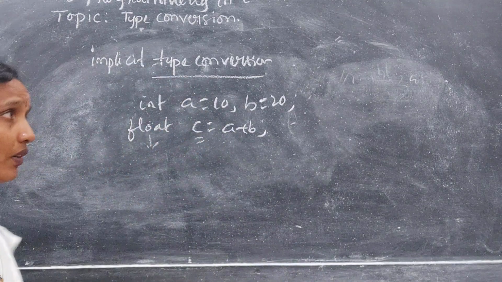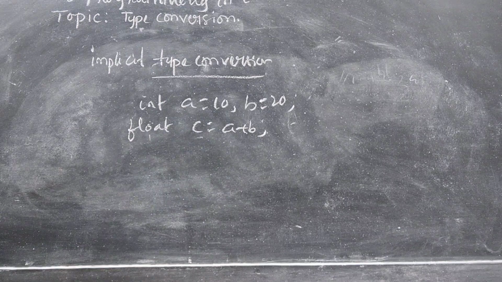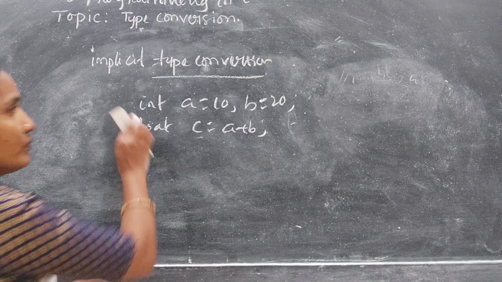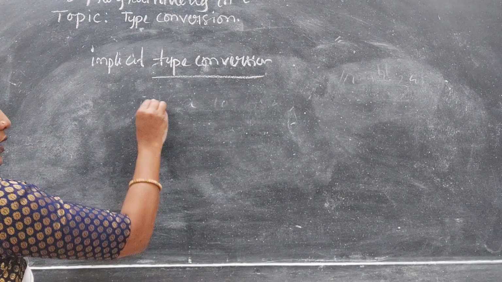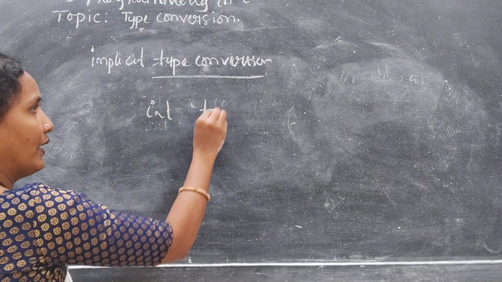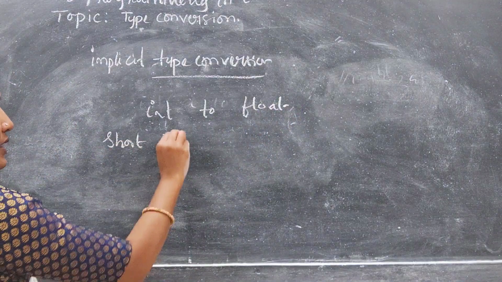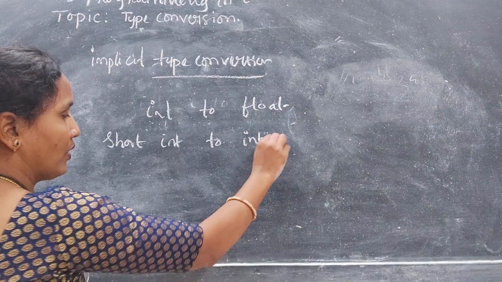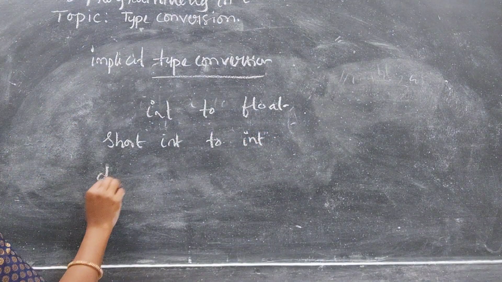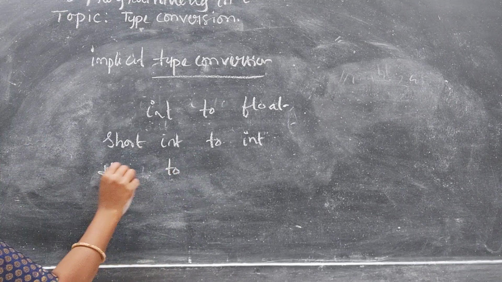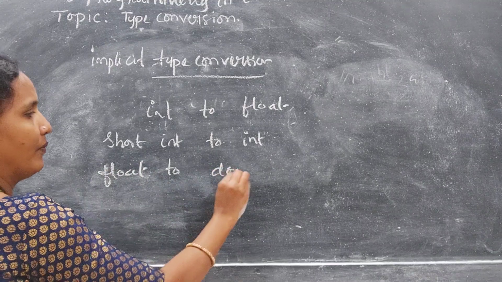Okay, here this example you can give. You take an example of this. Int is converting into float. Short int to int. And float to double.